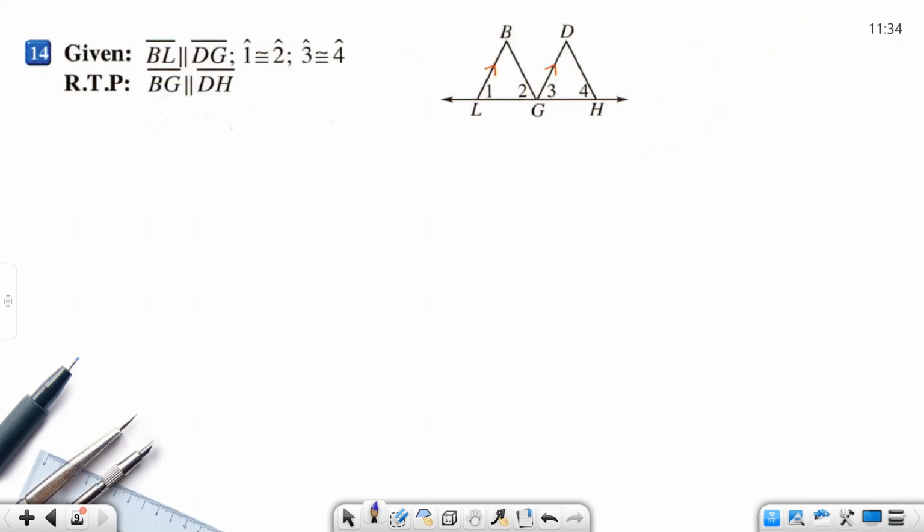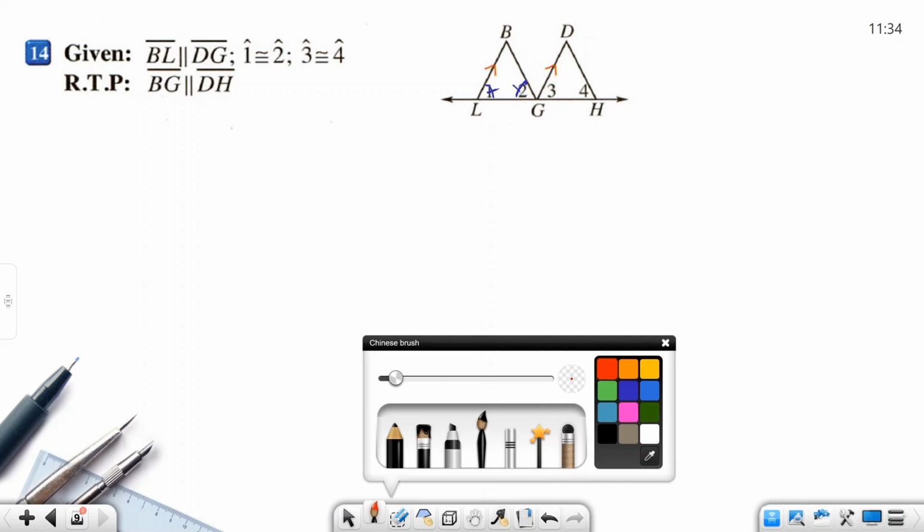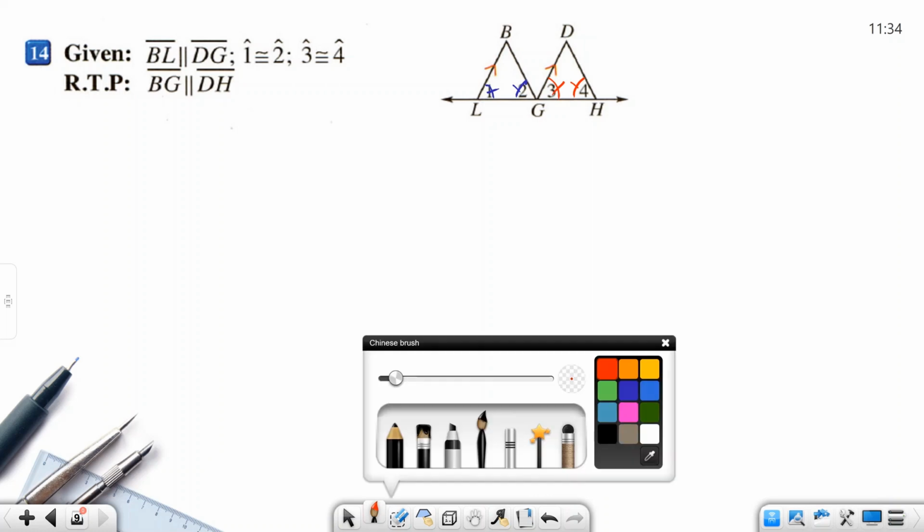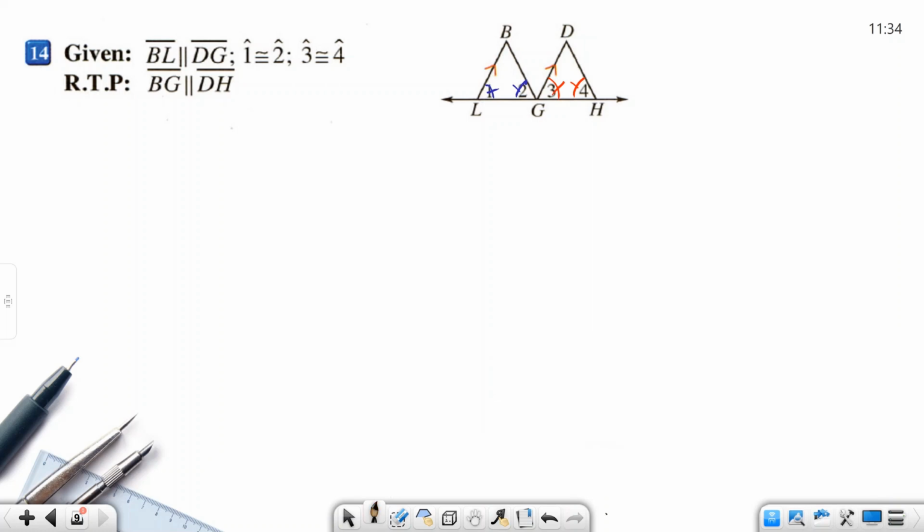Let's continue with the last question of this section. Okay, see, it's given these are congruent. Angles 1 and 2, 3 and 4 are congruent, and BL and GD are parallel lines.